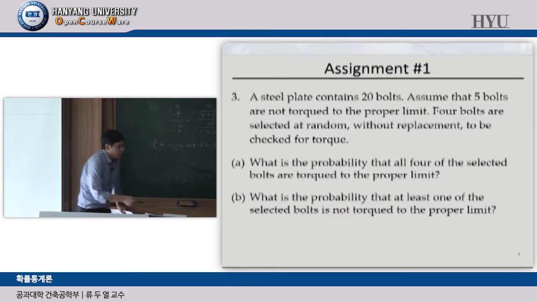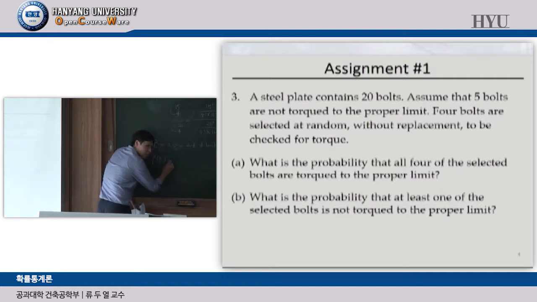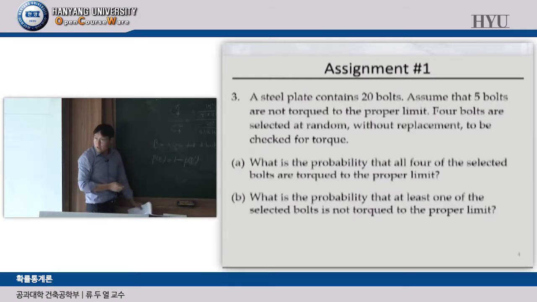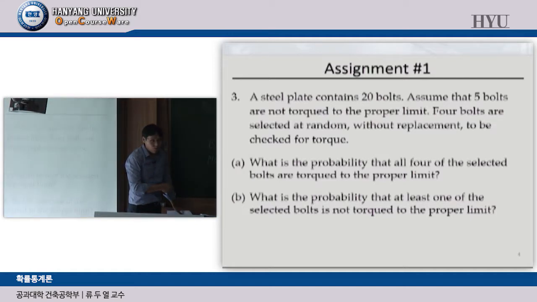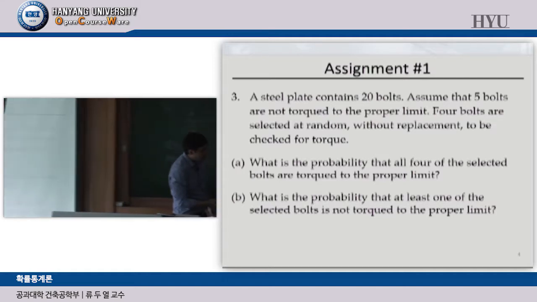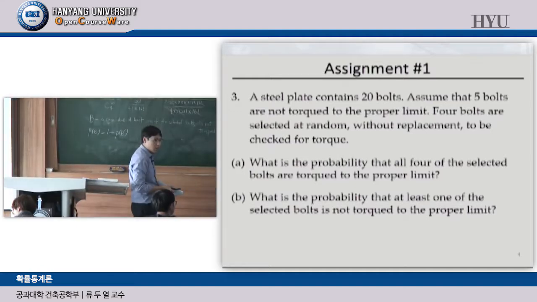And we have to find the probability of B, right? This can be written as 1 minus the probability of B prime. What is B prime here? All 4 bolts are torqued properly, right? So what is the probability of B prime? That is the answer of part A.